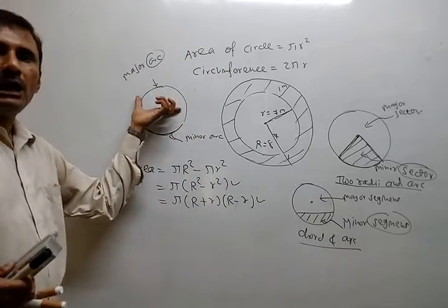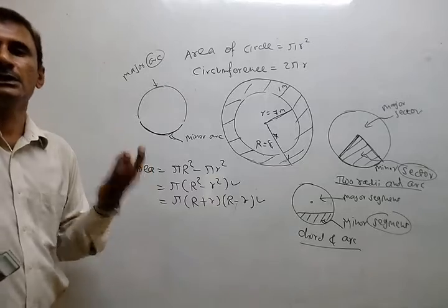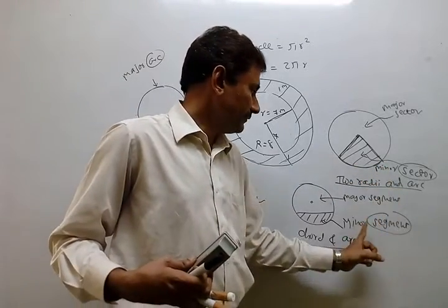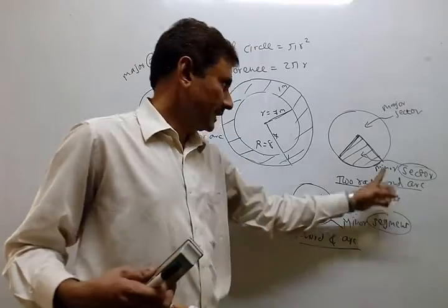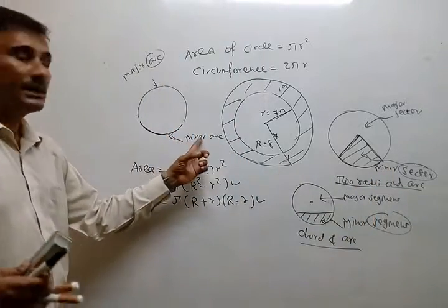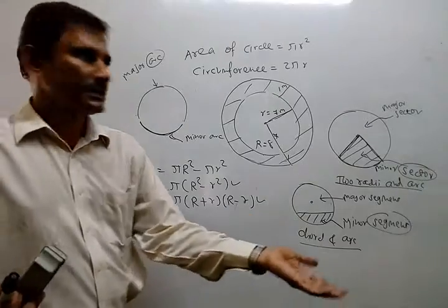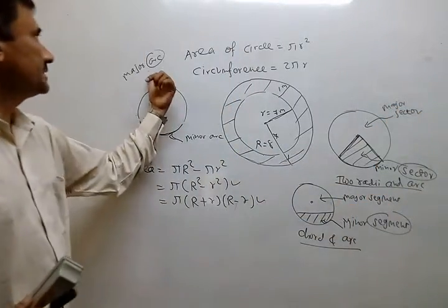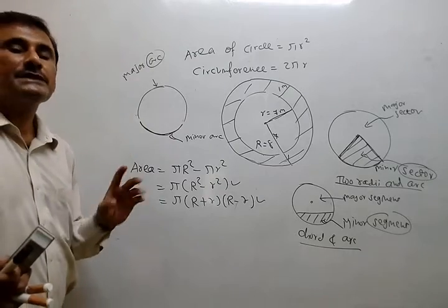And what is an arc? An arc is a part of a circle. And the small part is called minor everywhere: minor sector, minor segment, minor arc. Everywhere, the bigger part is called major: major sector, major segment, major arc. You understand? So these are the parts.